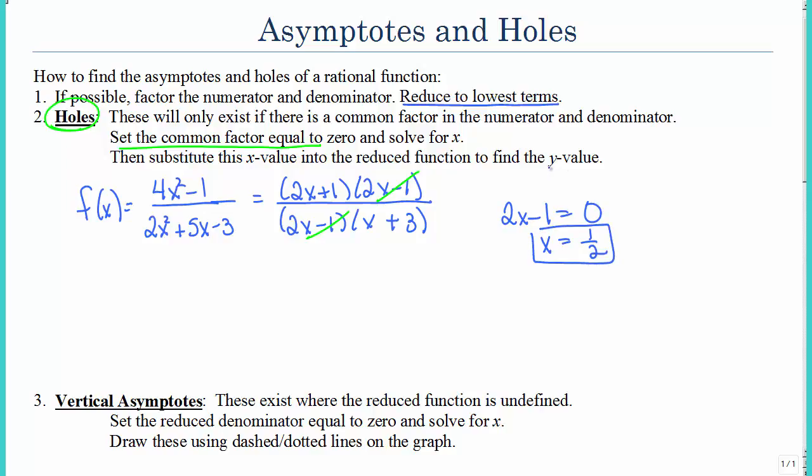Now we need to know what the y value of that hole is. And so we have to substitute this x value into the reduced function. And so our reduced function is 2x plus 1 over x plus 3. And I want to evaluate that at 1/2.